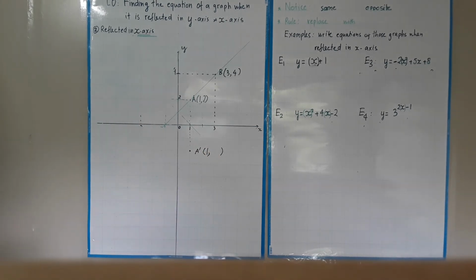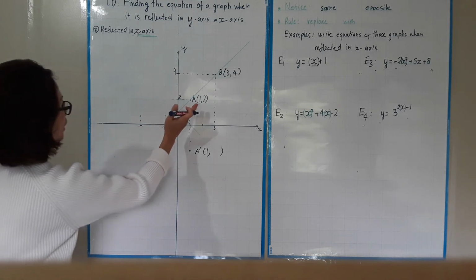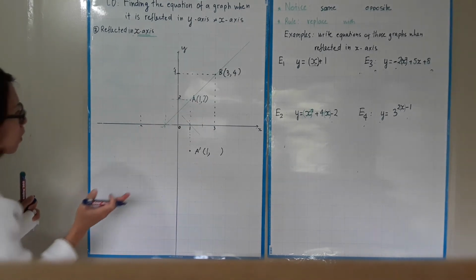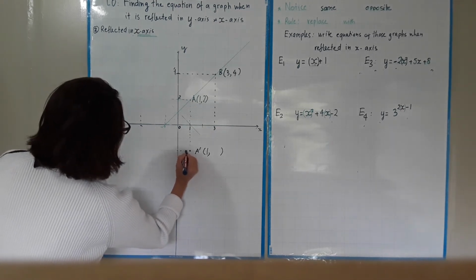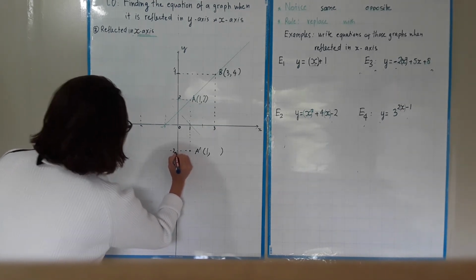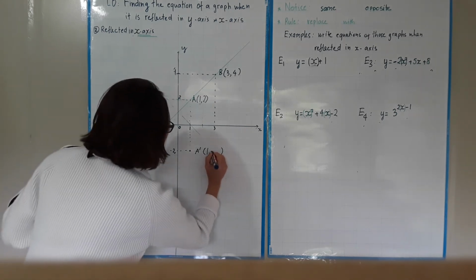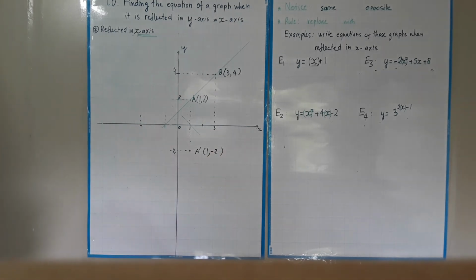And how about the value of y? Y coordinates of A is 2. Y coordinates of A dash is minus 2. Okay, now you see A and A dash has same value of x, opposite value of y.